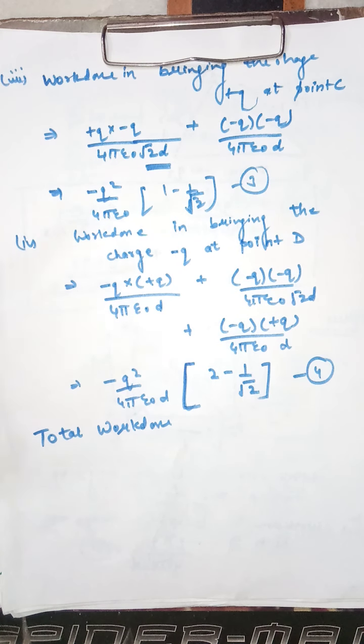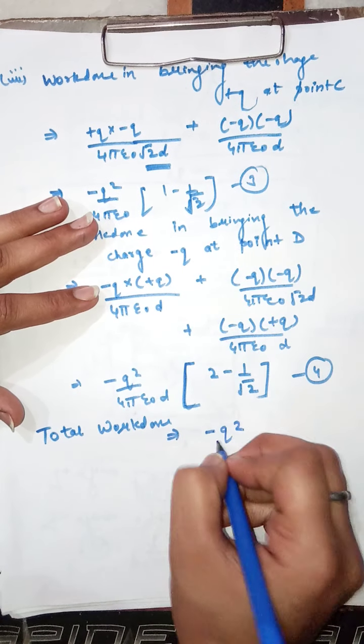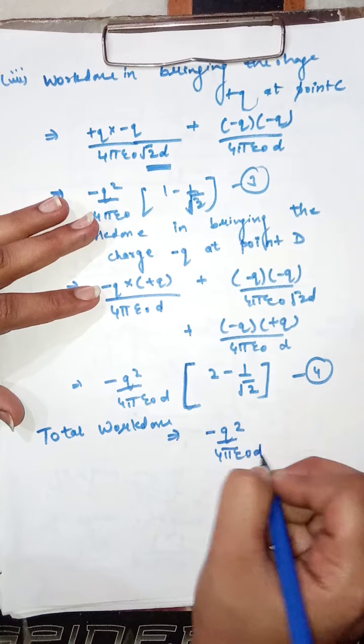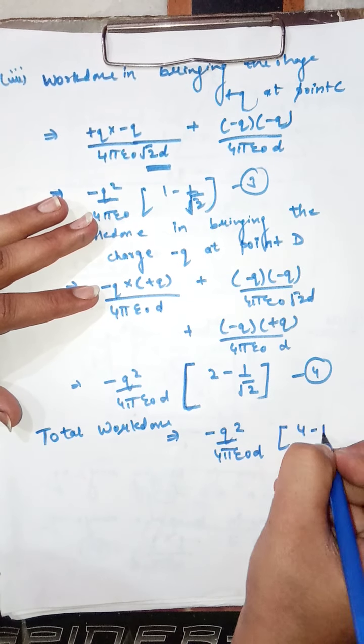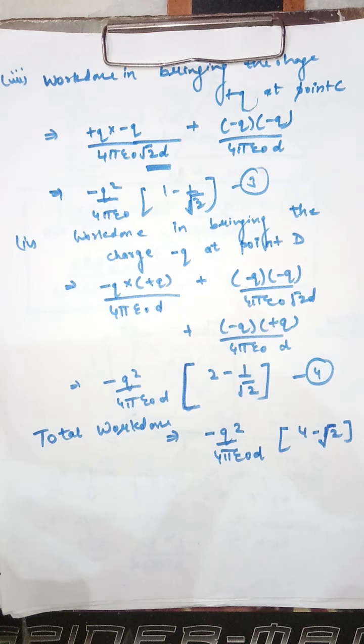Hence, we achieved by simple mathematical calculations the total work done as minus q square by 4 pi epsilon naught d (4 minus root 2). You can check it by adding equation number 1, equation number 2, equation number 3 and equation number 4 respectively. So we are done with the very simple and at the same time very important question.